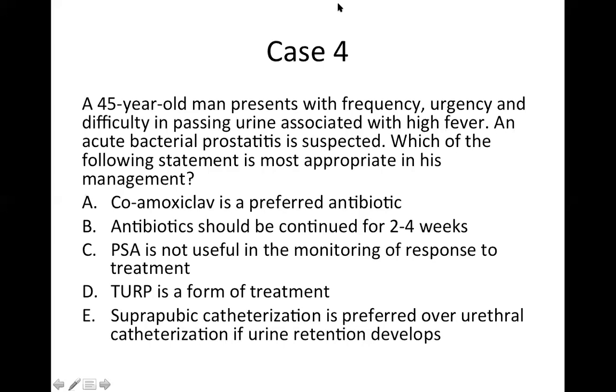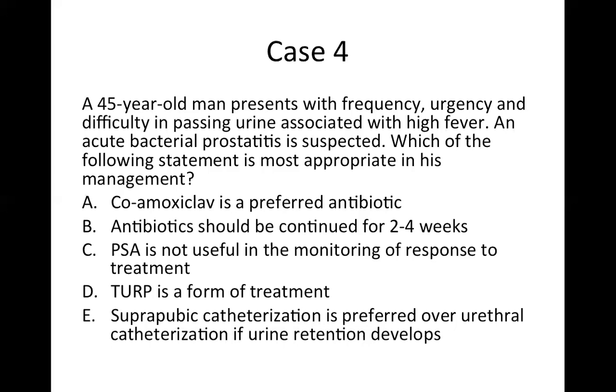So we'll start the poll. Case number 4. Start entering your responses. A, coamoxiclav is a preferred antibiotic. B, antibiotic should be continued for 2 to 4 weeks. C, PSA or prostate specific antigen is not useful in the monitoring of response to treatment.